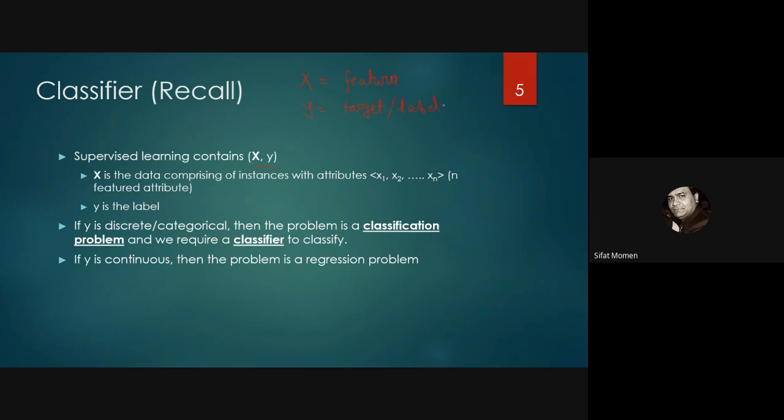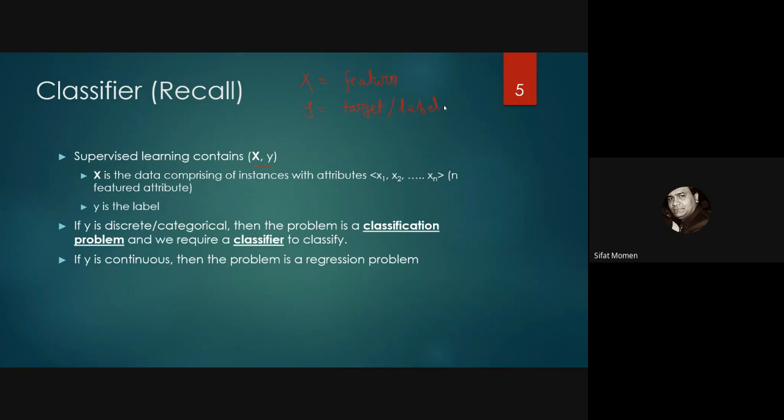Now, for example, let's imagine I want to predict whether a particular email is a spam email or not a spam email. Any idea what could be the different features?